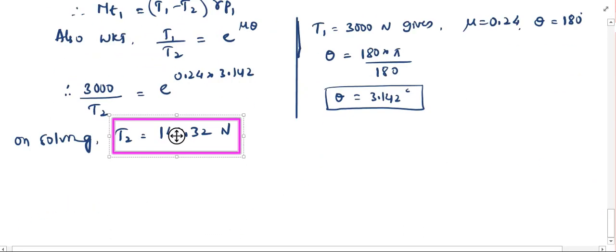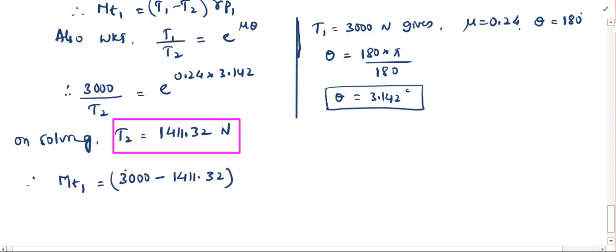Therefore, the maximum torque MT1 is equal to 3000 minus 1411.32 into the radius of the pulley, which is 250 mm.